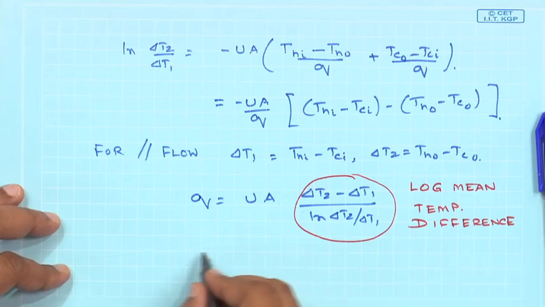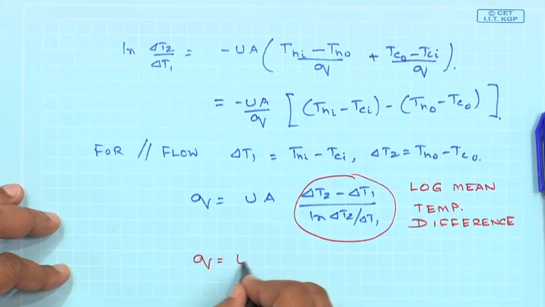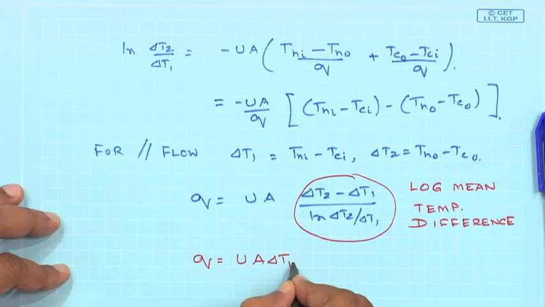So, the final form of this equation is going to be U A delta T L M.